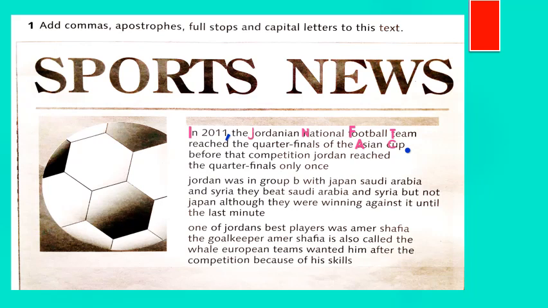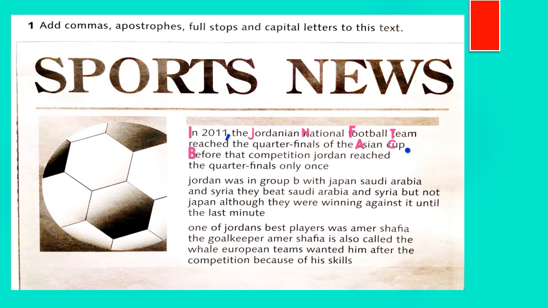Before that competition, Jordan reached the quarterfinals only once. So here we have the beginning of the sentence. So it must be capital. Before that competition, Jordan reached. So here we have clauses with different subjects.